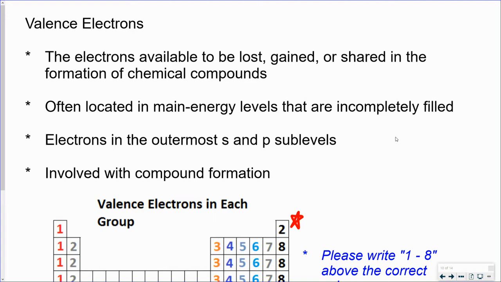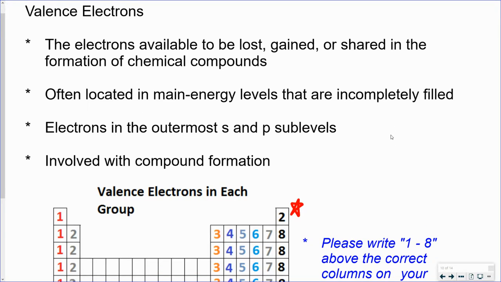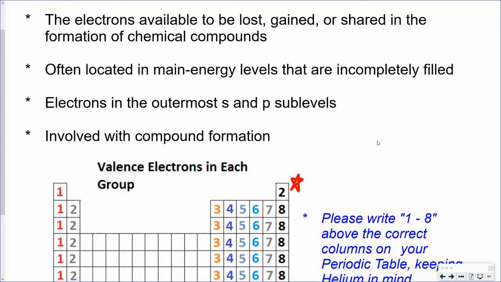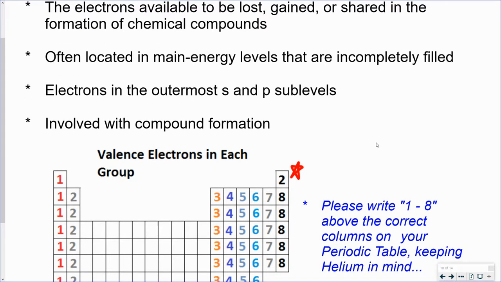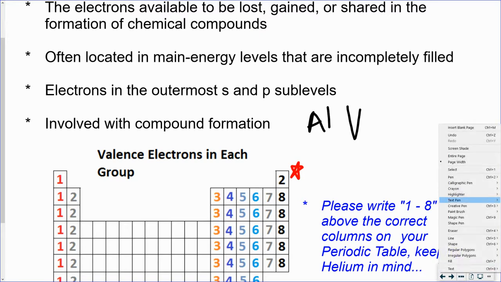So let's talk about valence electrons. Valence electrons are the outermost shell electrons. They are also in the main group elements, which if you look on your periodic table, they're the ones that have the A next to them. It goes like A1 all the way to A8, or 8A.